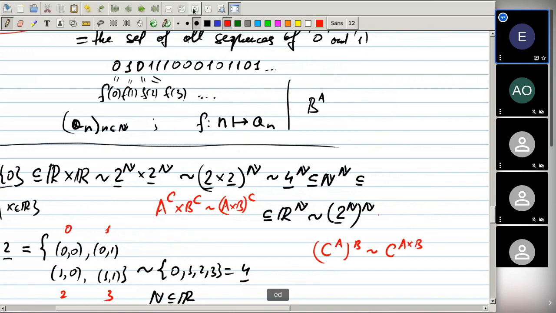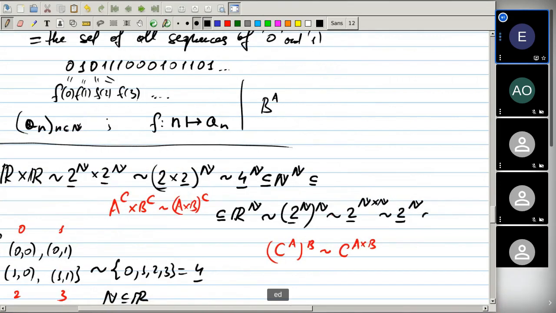Exactly. What do you know about n cross n? What is it? N multiplied by n is equivalent to n. Yeah. So this thing is equivalent to 2 to the power n, that is to R.